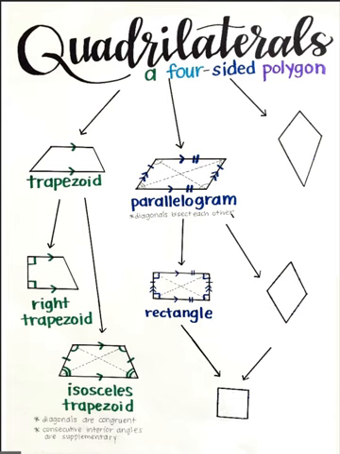Next up, we have another type of parallelogram, and this one is a rhombus. This type of parallelogram is also very special, because, well, it is a type of parallelogram. So it does again have the opposite sides. So we can do those to show the opposite sides are parallel.